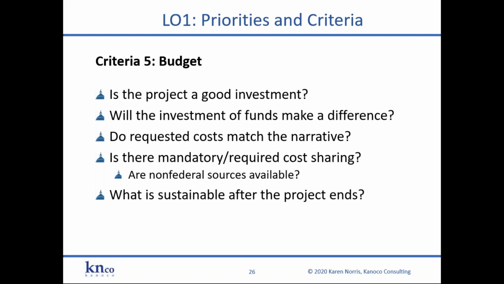Is there mandatory or required cost sharing? Which means you're going to have to find some non-federal resources, and you would want to be able to explain that. And then a big question is what's sustainable after the project ends. And I have some sustainability language for you to use later on in the presentation.